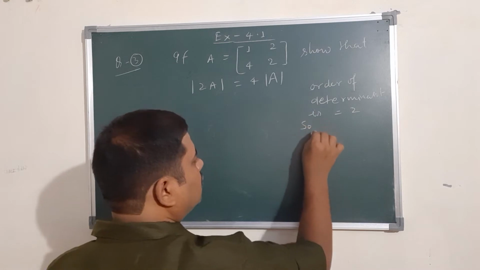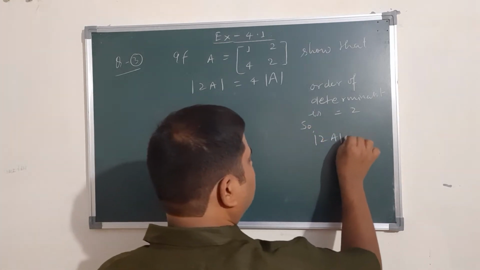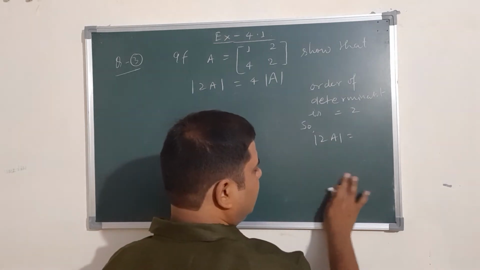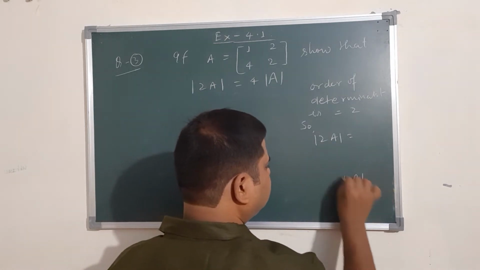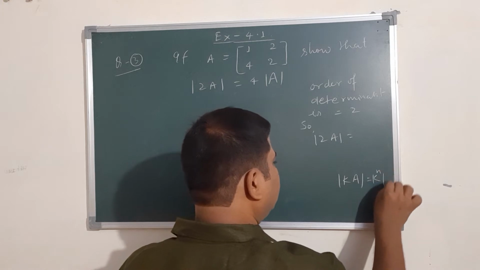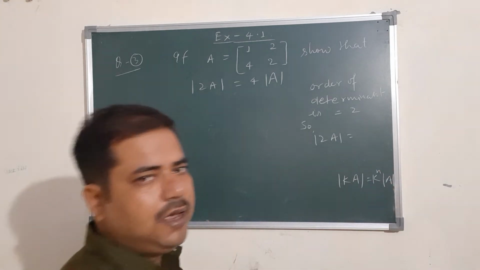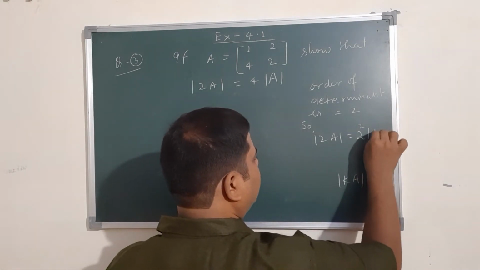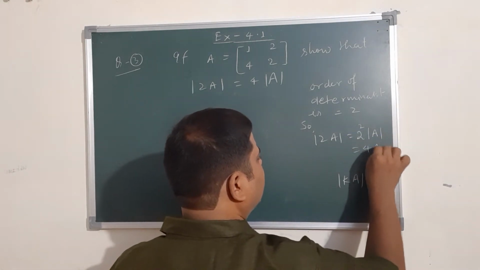So determinant of 2A, from the formula, is equal to 2 to the power 2 times determinant A, that is 4 times determinant A.